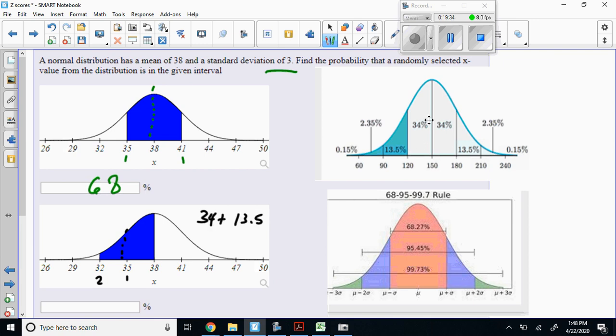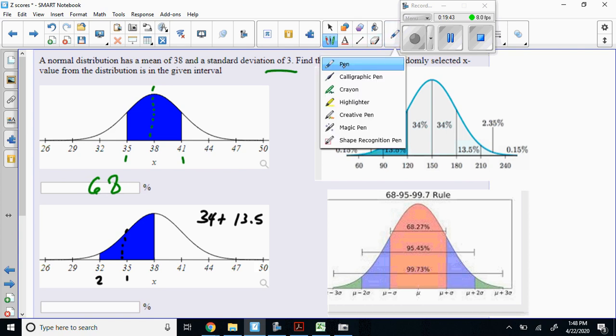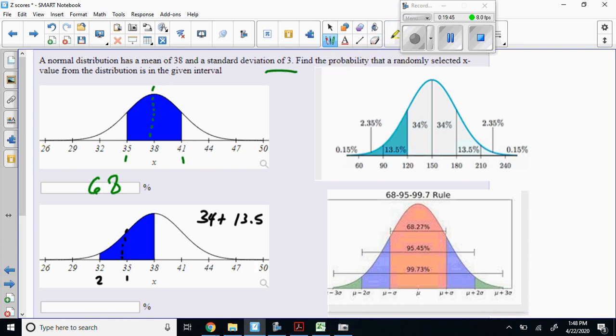So it would encompass only these two, right? So what's 34 plus 13.5? It's 47.5. There you go.